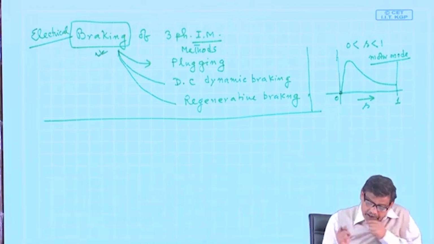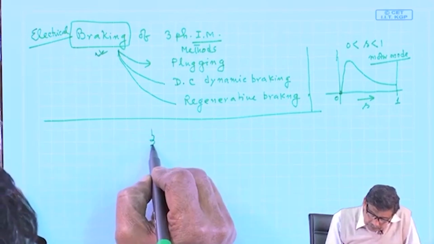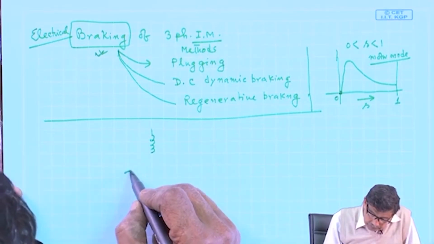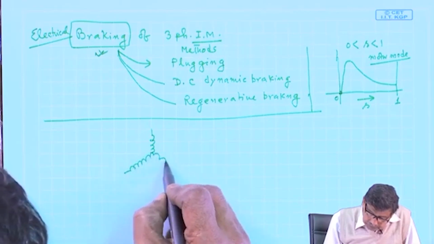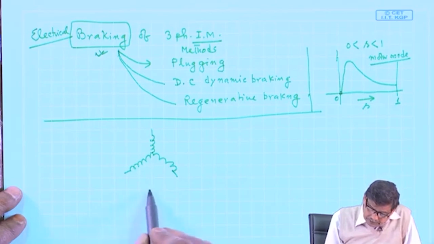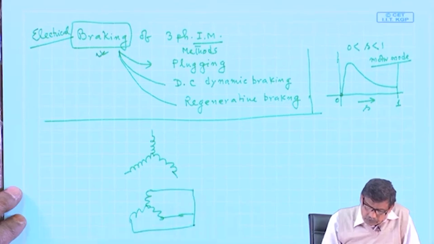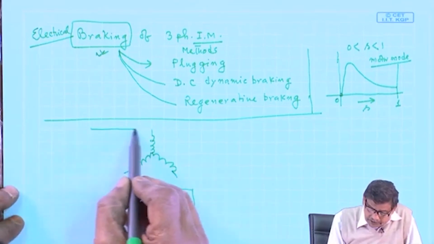Now you imagine this circuit. An induction motor is there, and I have drawn a slip ring machine. In motor mode it is running fine.